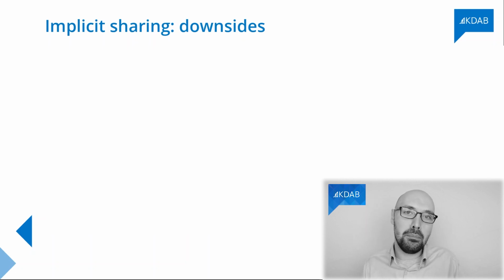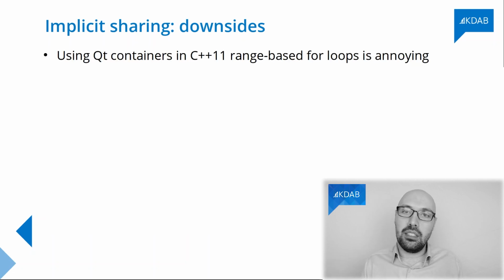So don't be scared by the fact that, as with all trade-offs in this world, there are good sides and there are downsides. You should weigh them appropriately and not just be scared by the following list of possible bad things that may happen. So the first thing is that you may have noticed when you try to use a Qt container inside a C++ range-based for loop, sometimes Qt Creator will spit out a warning telling you, hey, you should be using something else here because this for loop may detach your container.